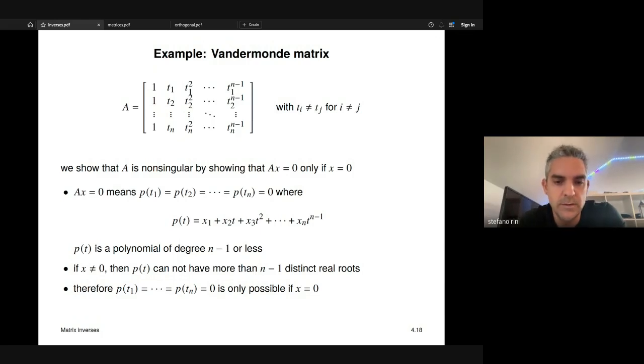So the polynomial has to be of degree n minus 1 or less. But we know that a polynomial of degree n minus 1 cannot have more than n minus 1 distinct real roots. So in order for this to hold, x must be equal to 0. Otherwise, this will not be possible because we cannot have this many roots in the polynomial. Okay, so the Vandermonde matrix times x can be 0 only if x is equal to 0.